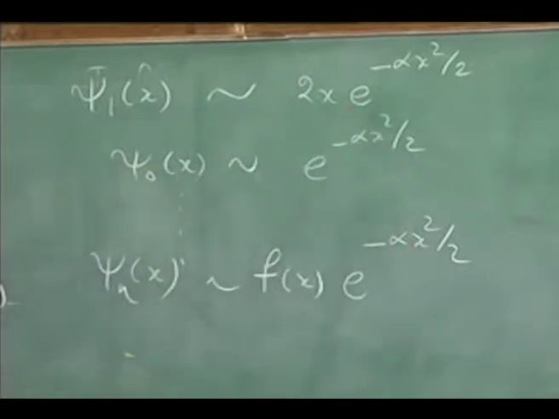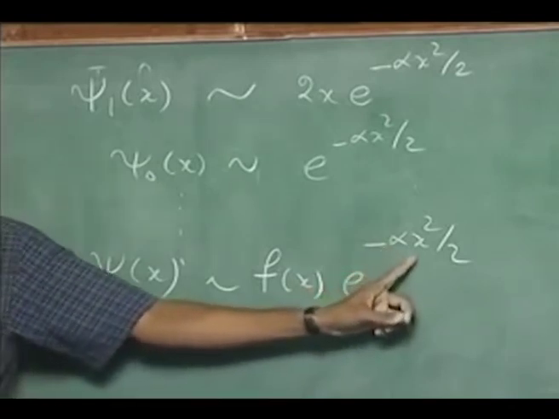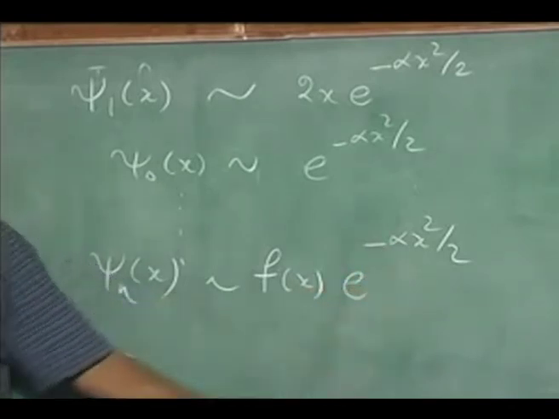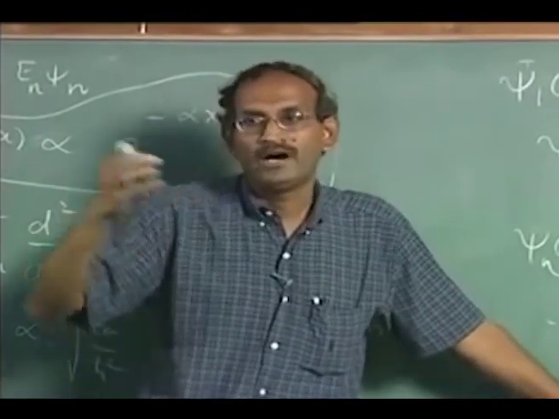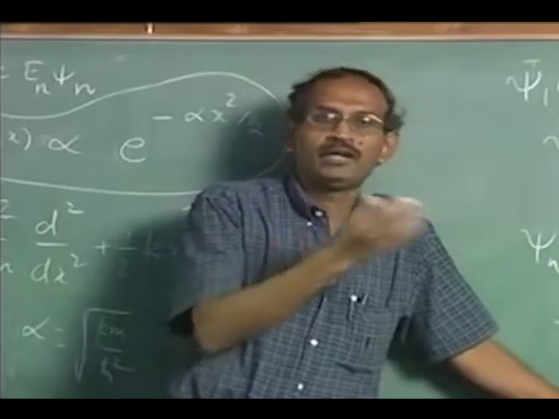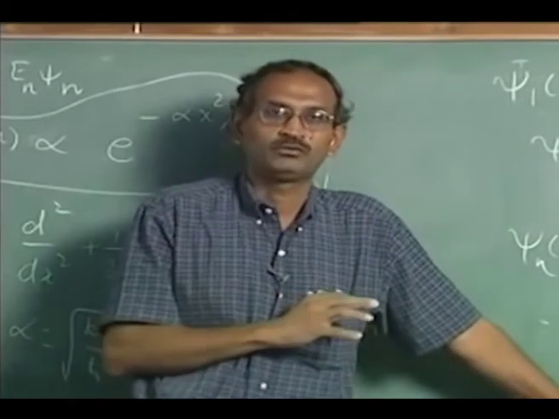Now, what is the value of this as x goes to very, very large values? The exponential minus alpha x square goes to 0 very quickly as x increases, either as a positive x or as a negative x, because it is x square by 2.